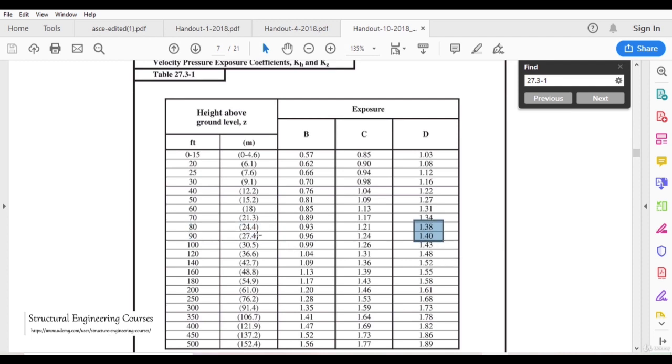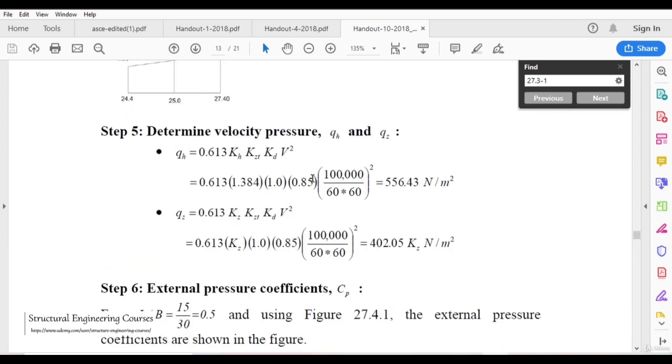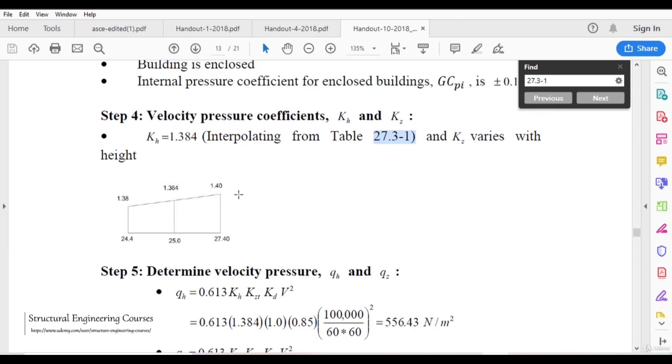It should be between 24.4 and 27.4 and between 1.38 and 1.40. So between 1.38 and 1.40 for 25 meter, the value comes out to be 1.384 by interpolation.